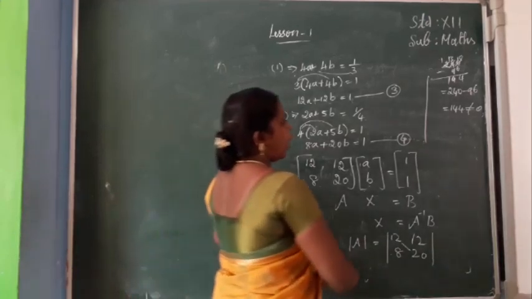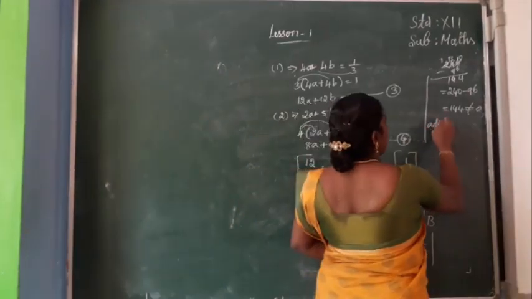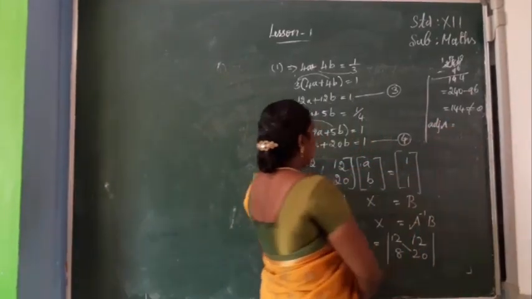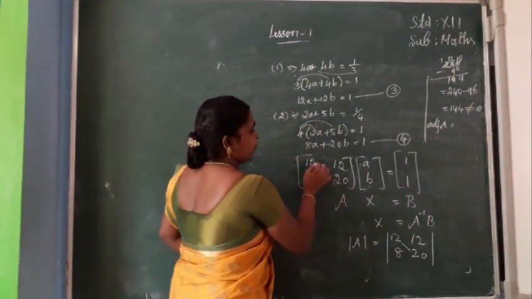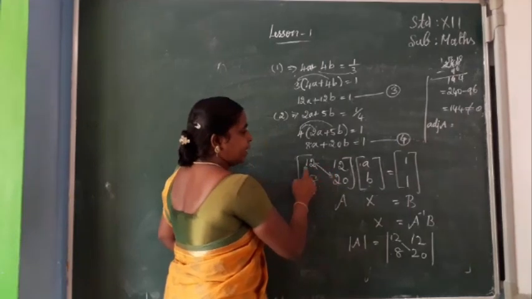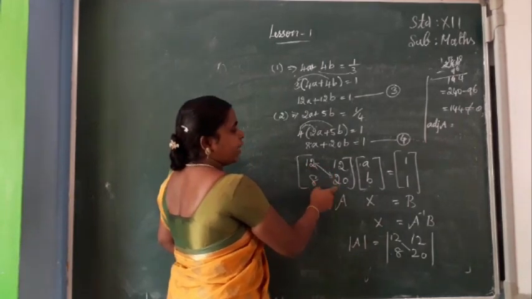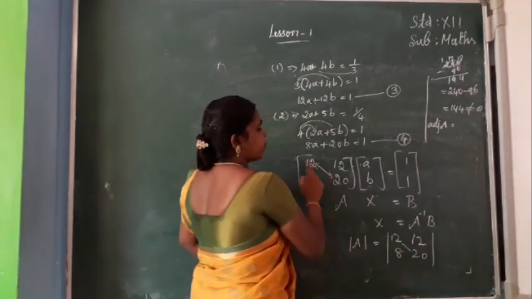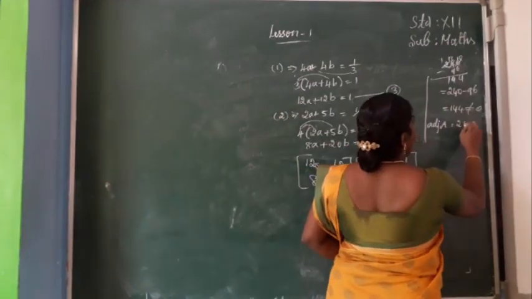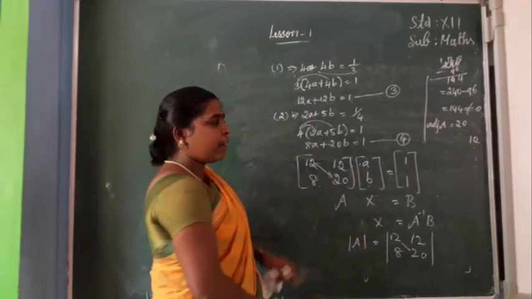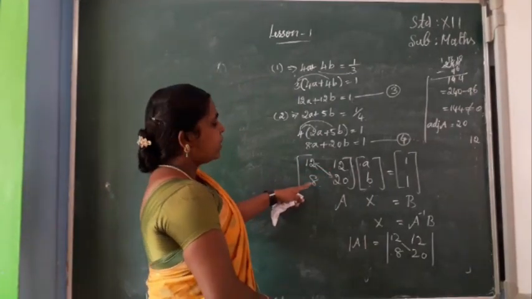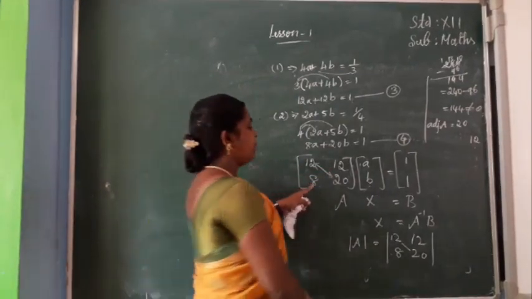Next step is the adjoint of A. A is 12, 12, 8, 20. For the adjoint, first you interchange the leading diagonal elements, 12 and 20, so it becomes 20 and 12. Then change the signs of the other two elements: instead of plus 12 you take minus 12, and instead of plus 8 you say minus 8.